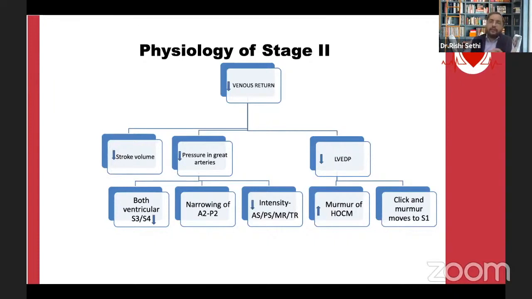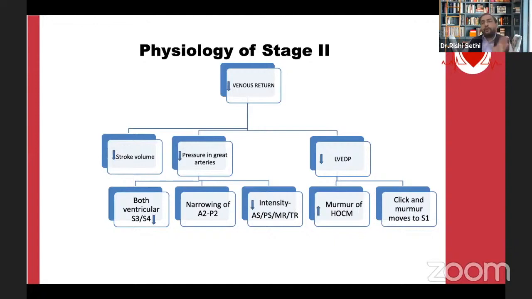So anything that causes a decrease in LVEDP, decrease in preload, decrease in afterload, or increase in contractility would cause a louder HOCM murmur. And as you see, the preload is decreased here, the LVEDP is decreased. At the same point of time, the blood pressure is also getting decreased, so afterload is also getting decreased.